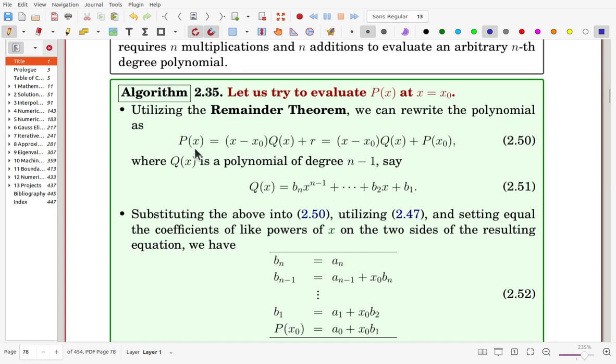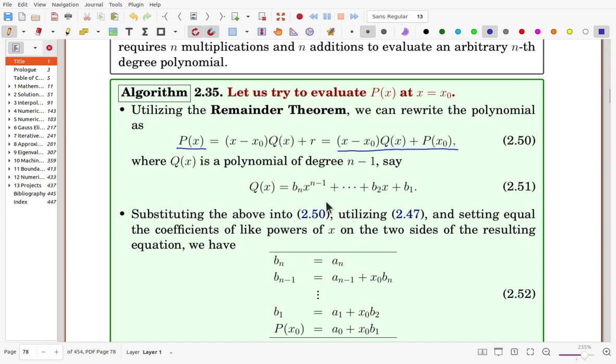If we plug in x equals x0, then this term will disappear. So R must be p of x0. So we replace R with p of x0, and we have p of x equal to x minus x0 times q of x plus p of x0.